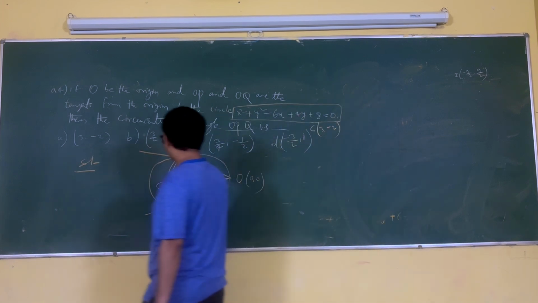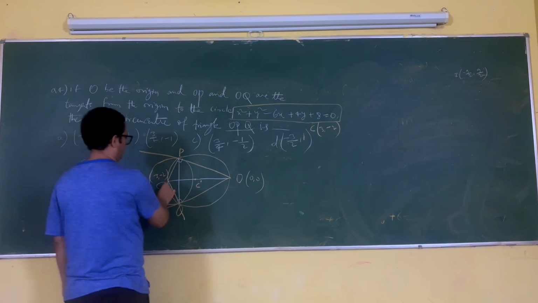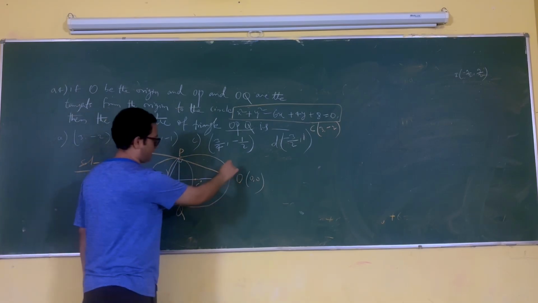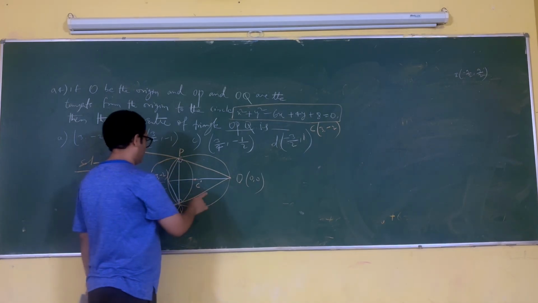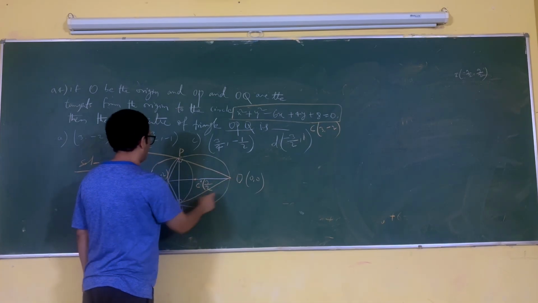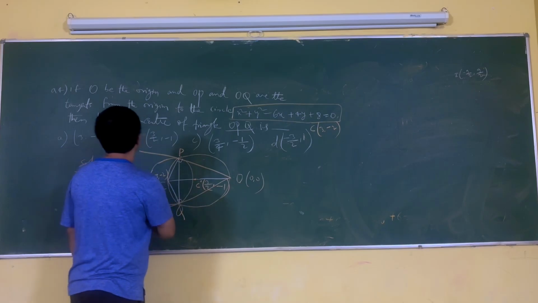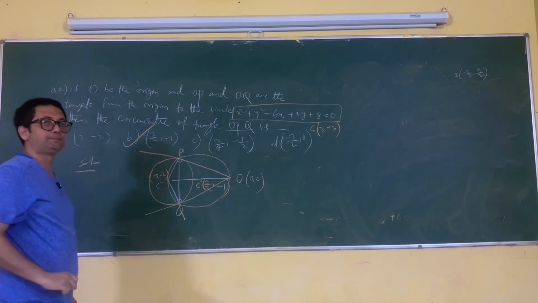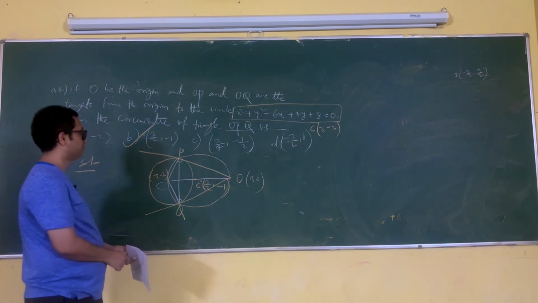So this is your 3, minus 2, and you know the coordinates of C, you know the coordinates of O. So C dash is the middle point actually. So the middle point means 3 by 2, (3 plus 0) upon 2, and (minus 2 plus 0) upon 2, so minus 1. So this is the answer. Yeah, this is the easiest one among all the questions.